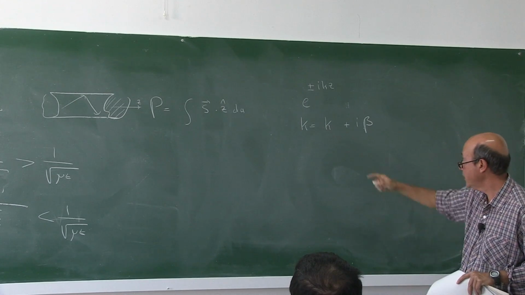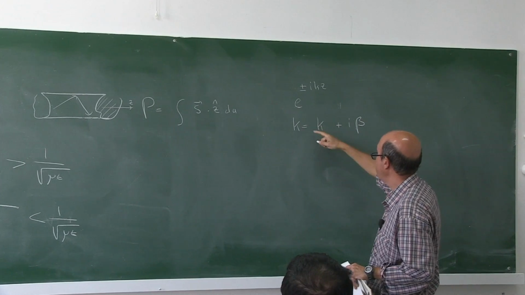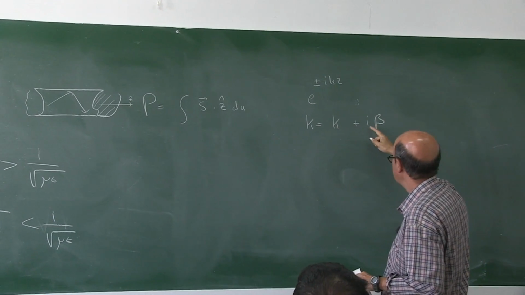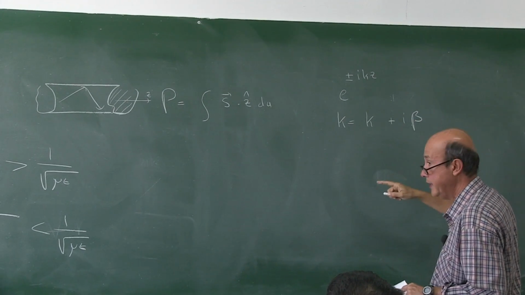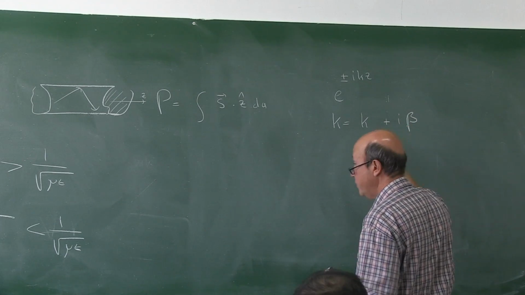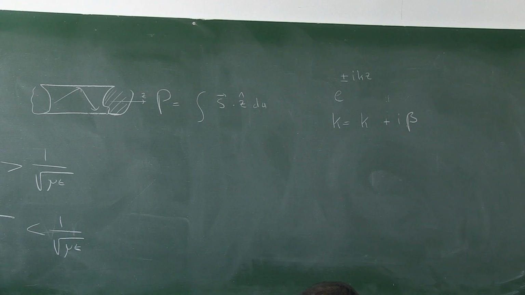If you insert this, you have oscillatory solutions for the traveling waves, and you also have an exponentially decaying solution. If you substitute here, i times i will be minus 1, and that will bring us the decay of the waves during the travel through the waveguide.